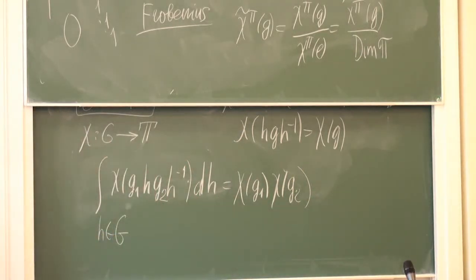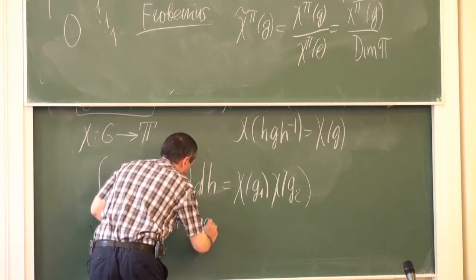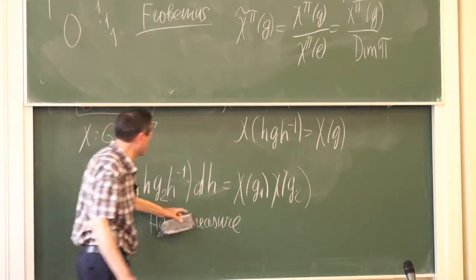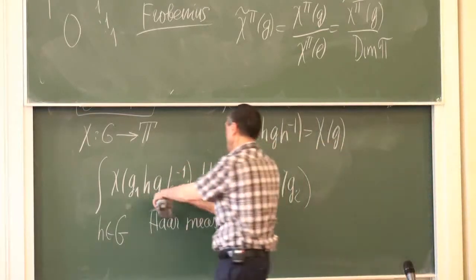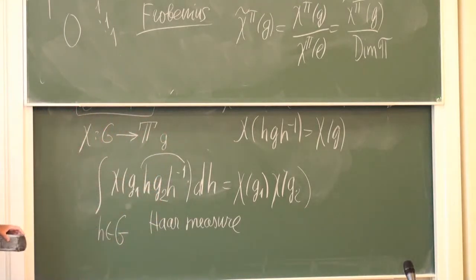Here I use the fact that if the group is compact, we have a natural uniform distribution on it: a unique probability measure which is invariant under left or right shifts. It is called the normalized Haar measure. Such an equation, in the case the group is commutative, reduces to the preceding equation, because this quantity in the case of a commutative group is simply g sub 2.